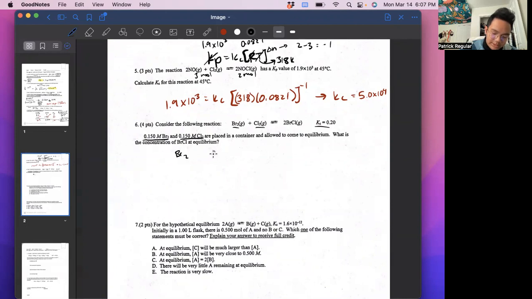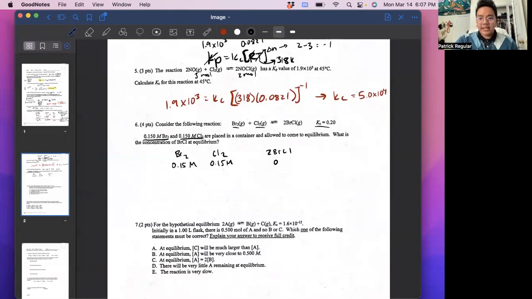Br2, Cl2, 2 BrCl. We have 0.15 molarity, 0.15 molarity, and this is going to be 0. Since there are no products present, it must go toward the product. Just fill in that void.